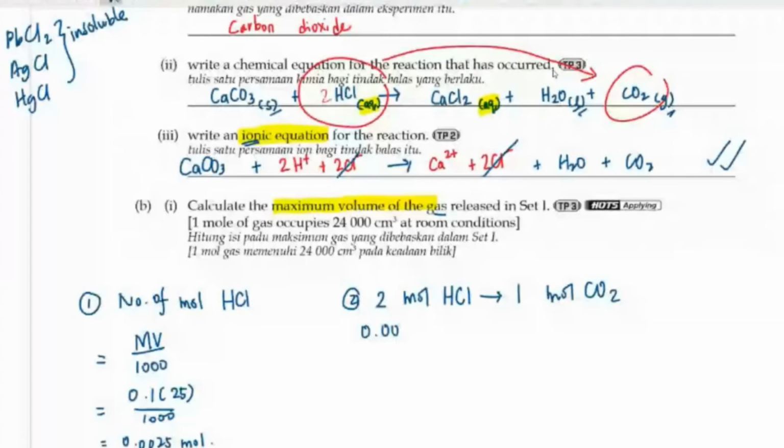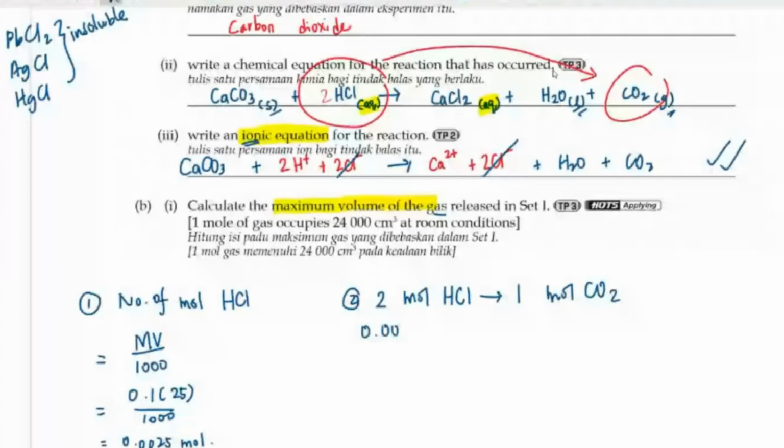How to get this mole? 2 to 1 means half, so you will get 0.00125 mole of carbon dioxide. So your mole for the carbon dioxide is only half, you cannot use 0.0025.